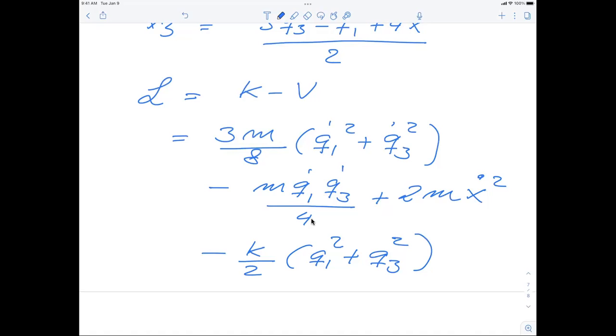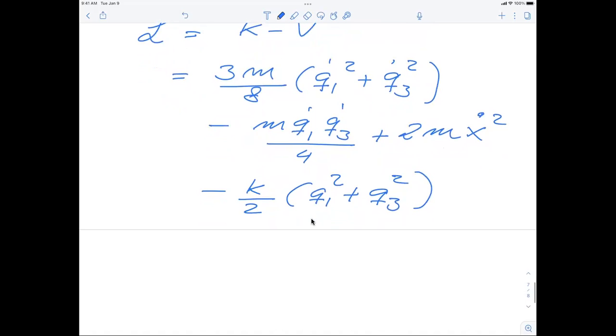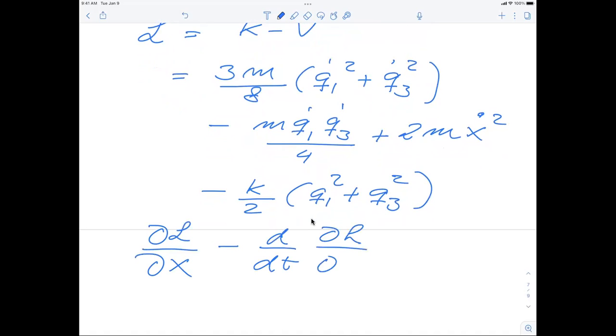But what we could do now is use the Euler-Lagrange equations and see what we get. One thing we could do is set up the equation for x: dL/dx minus d/dt of dL/dx dot, and we want that to be 0.